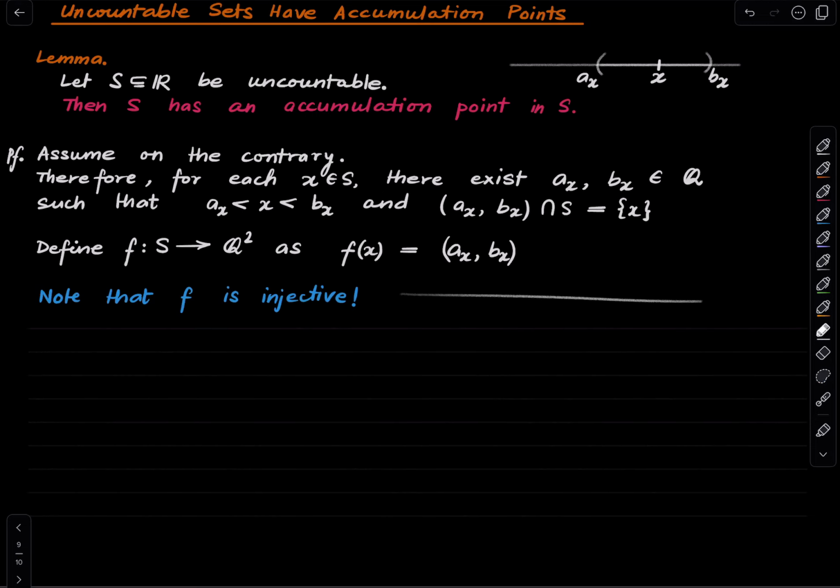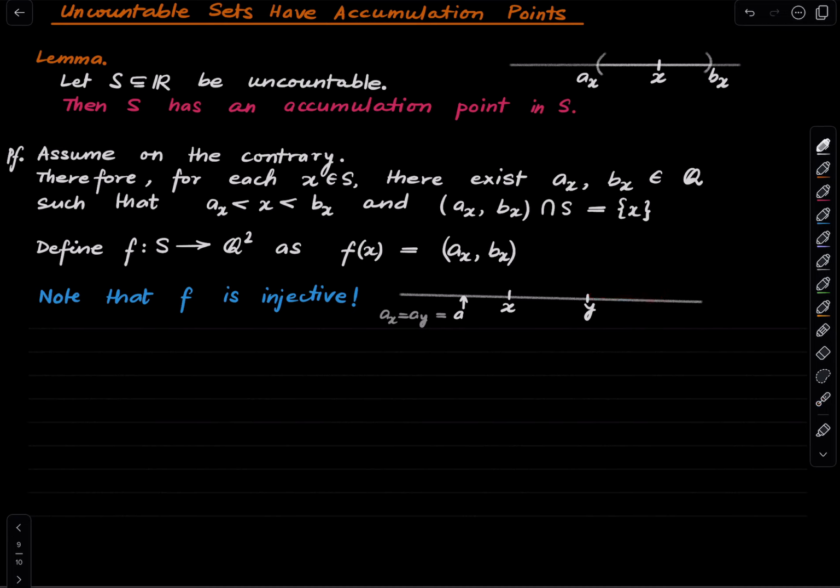If it were not injective, then there would be two different points, x and x prime. Let's call it x and let's call the other one y. Suppose fx equals fy. That means ax equals ay. So here somewhere we have a, which is equal to both ax and ay. And by equals bx. Now by is going to be on the right of y.